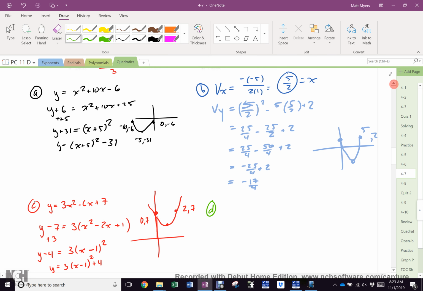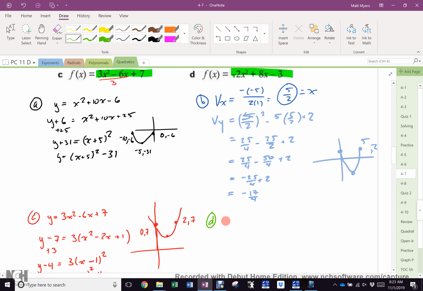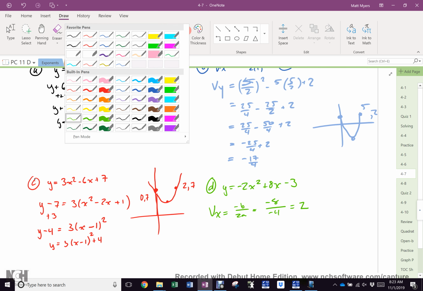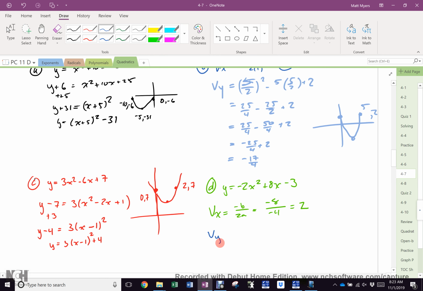So the new thing, we are dealing with y equals negative 2x squared plus 8x minus 3. The new thing is the vertex x value is negative b over 2a, which is negative 8 over negative 4, which is positive 2. Once I have the vx value, I can then go ahead and get the vy value.